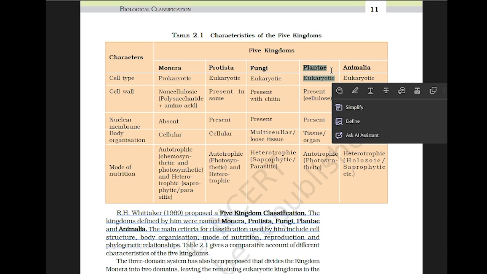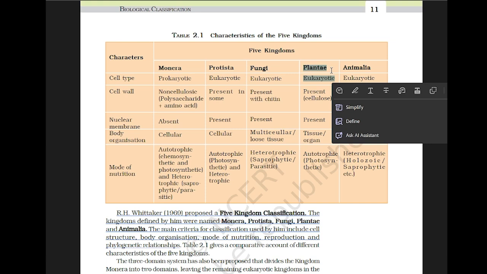Only multicellular chlorophyll containing organisms are included, generally called green plants. They also include green algae, brown algae, red algae, mosses, ferns, gymnosperms and flowering plants.